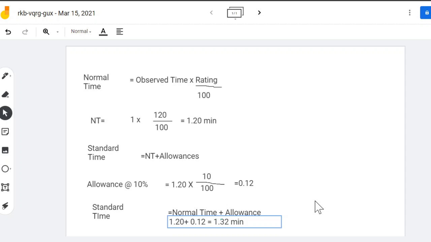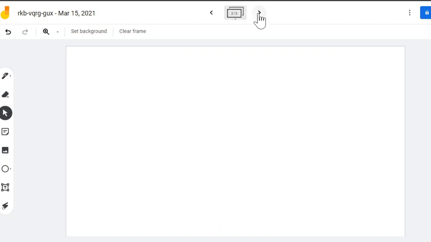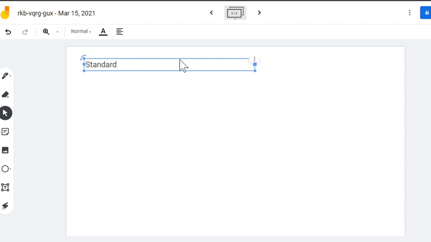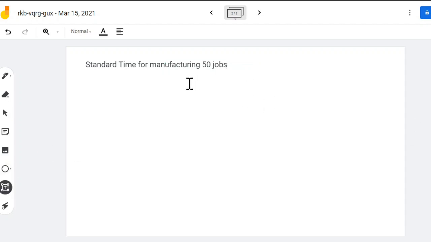So, the standard time for manufacturing 50 jobs equals 35 plus 8 times 50. How much is that? 8 times 50 is 400.